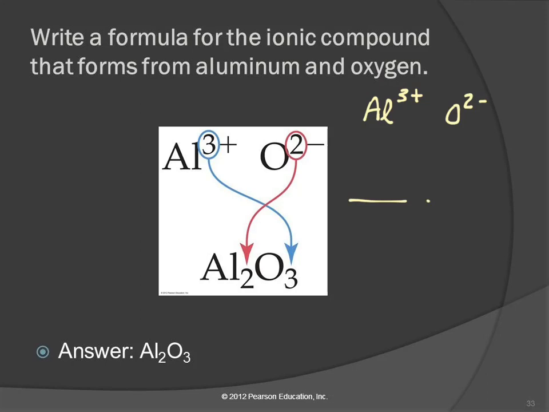If we keep track of our total plus and minus charges, we've got +3 and -2. Do those add up to 0? They don't, right? +3 and -2 will give us +1. Overall, if we just had one of each of these ions, it would have a +1 charge, and that's not okay. So we need more of the negative charges to balance this.